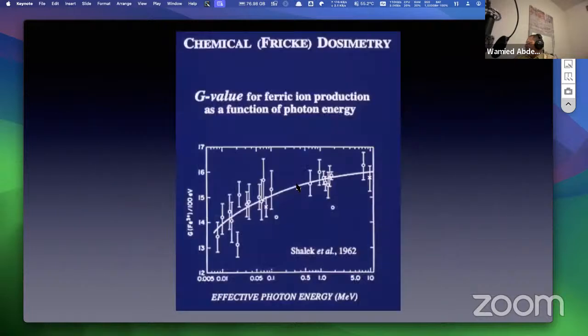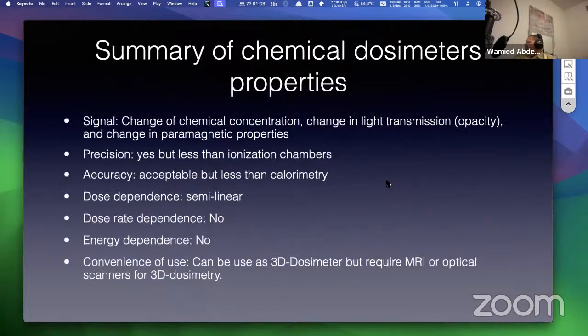Some are chemical dosimeters, so the signal is probably a change of chemical concentration. We have a concentration of one type of molecule, and this concentration is going to change because of radiation. We could also think of it as a change in light transmission, optical opacity. If we are not going to measure these concentrations, something else has changed, which is the opacity of the solution.